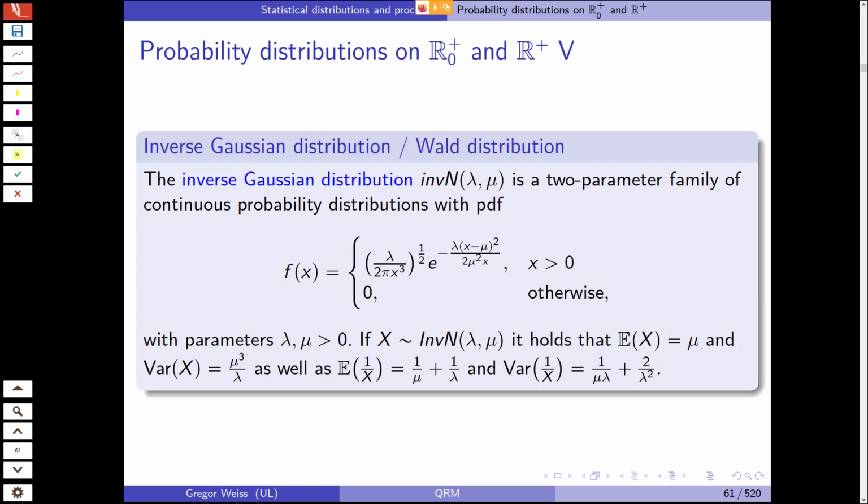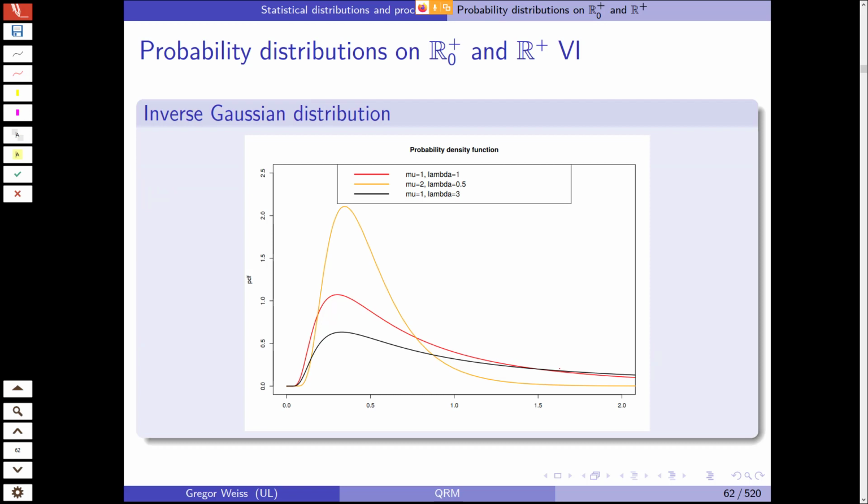We have the expected value being mu and the variance being the third power of mu divided by lambda. And if you take X and invert it with respect to multiplication, you can see that the expected value of 1 over X is 1 over mu plus 1 over lambda, and basically the same with the variance. And you get these distributions here, the inverse Gaussian distribution.